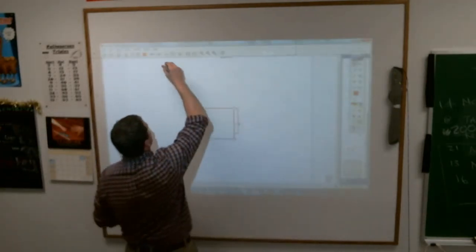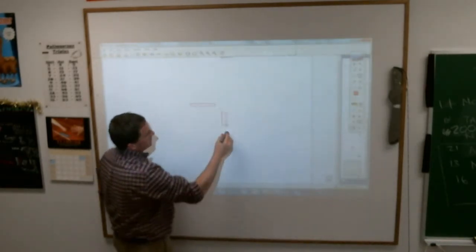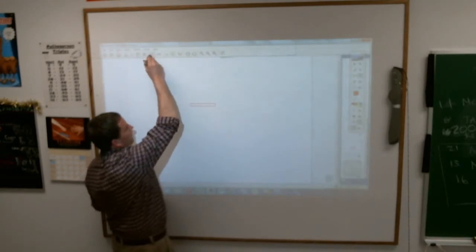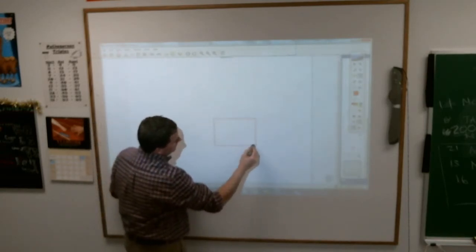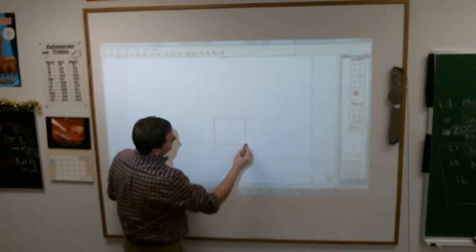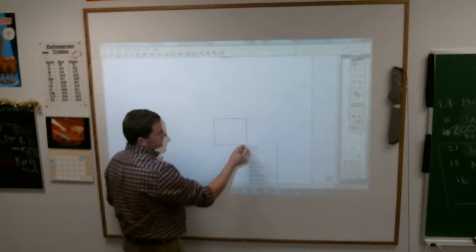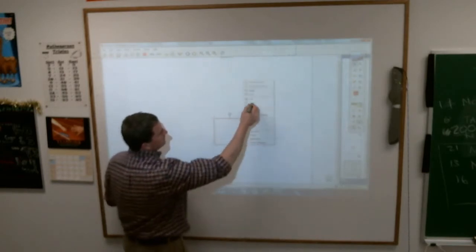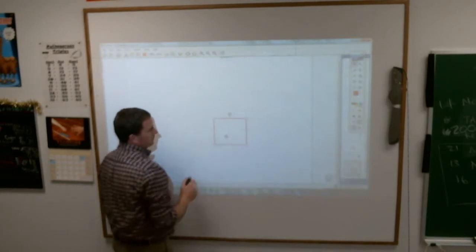Okay, starting a new board and a square. Let's try a square again. Tell me, does that look like a square? Let's say that looks kind of like a square. I'm going to copy it, paste it. Hopefully this is better. Okay.